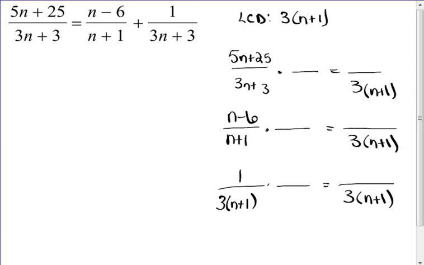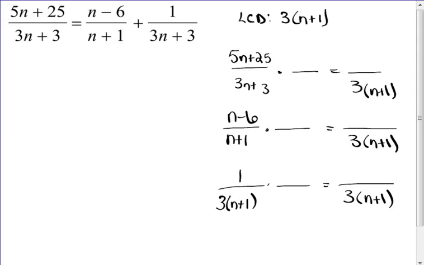Now, what I want you to notice is that this one here, I didn't bother to factor. This is the same thing as when we are dealing with rational expressions. It's real important that we go ahead and factor our denominators so that we can find the least common denominator.